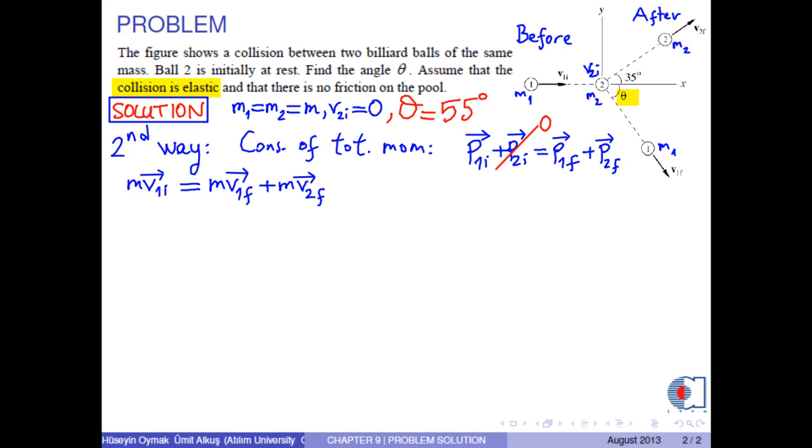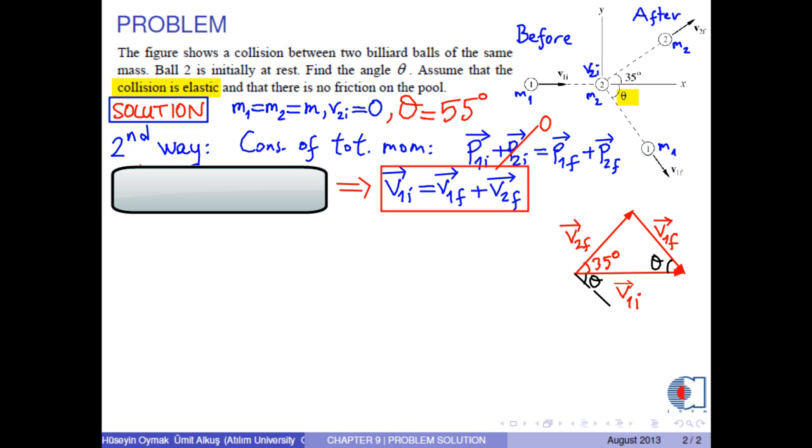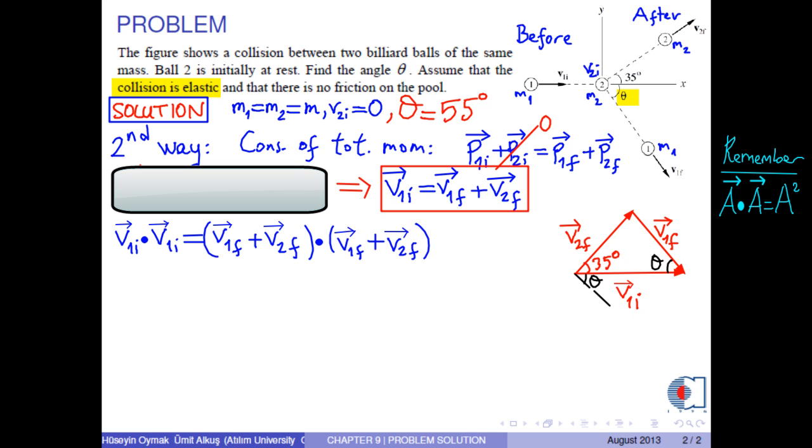The masses are cancelled, so we get the vectorial relation as follows. If we square both sides with dot product, and remembering that dot product of a vector with itself gives its magnitude squared, we obtain v1i squared on the left hand side.